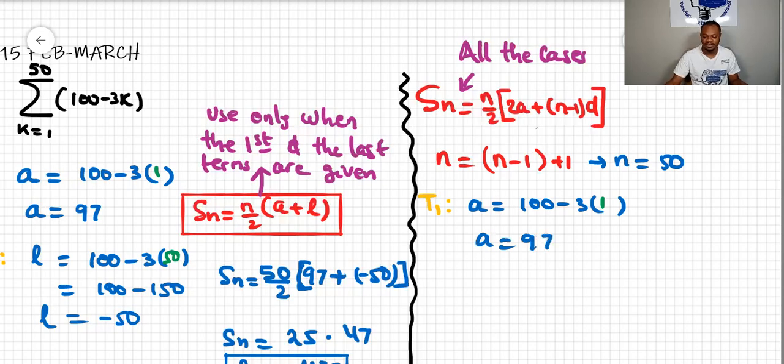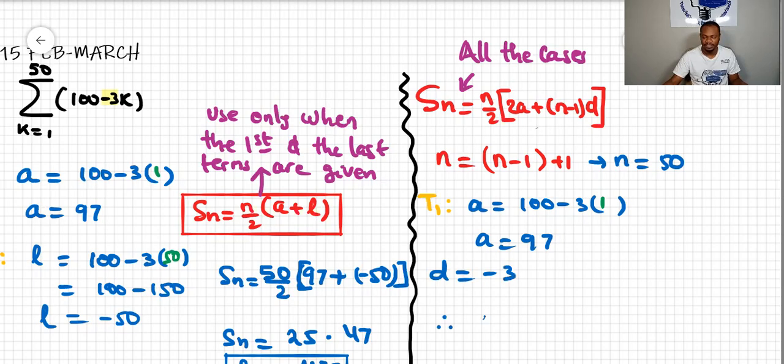And then d, which is the constant difference, we can find by looking at the coefficient of k, the variable. So the -3 that we see over here is d. We say d is equal to -3.